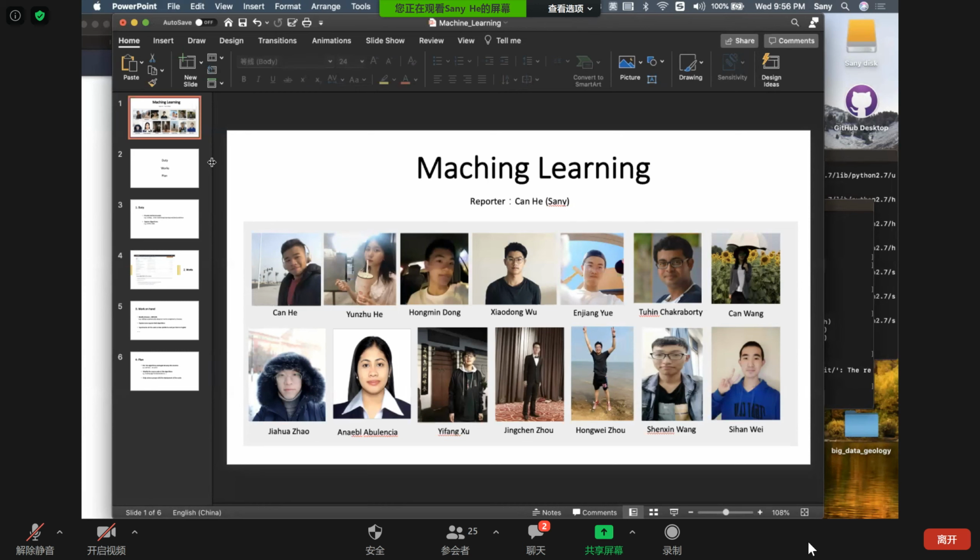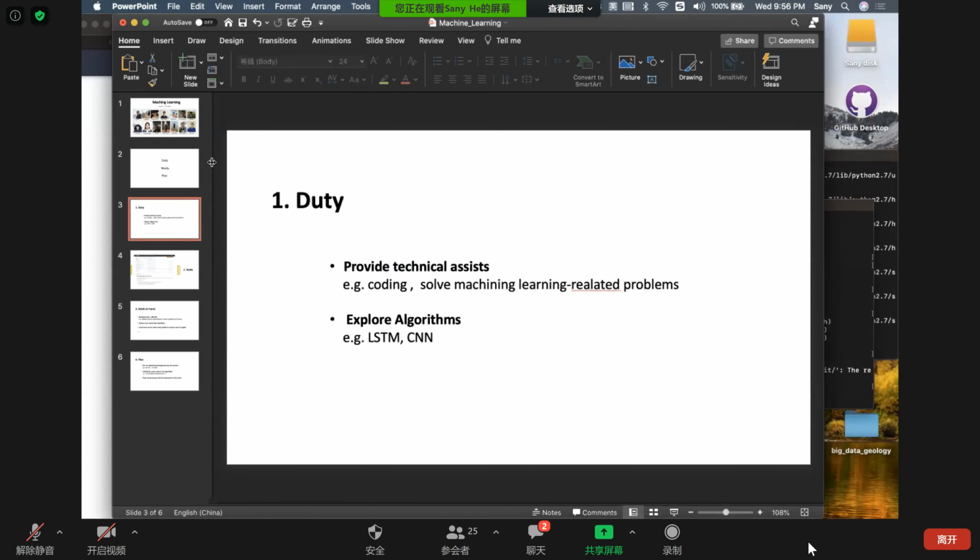What we are doing right now is to provide the science groups with some technical assistance, like helping them solve machine learning related problems and helping them work with the code of their machine learning algorithms.